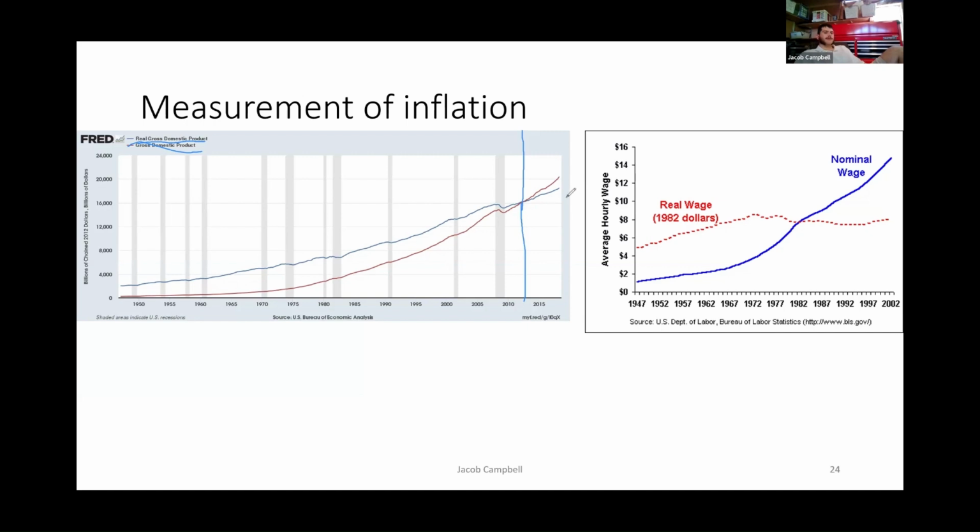If you didn't do the inflation adjustment, you would be over predicting. You'll also notice that with both of these, they're increasing over time. But with the nominal GDP, it looks like more of an exponential increase. With the real GDP, it's smoother.